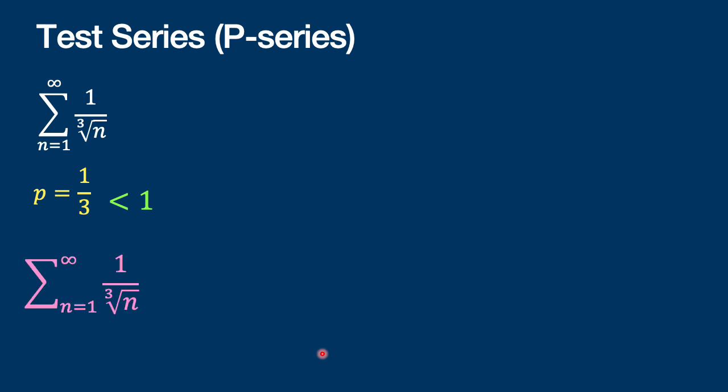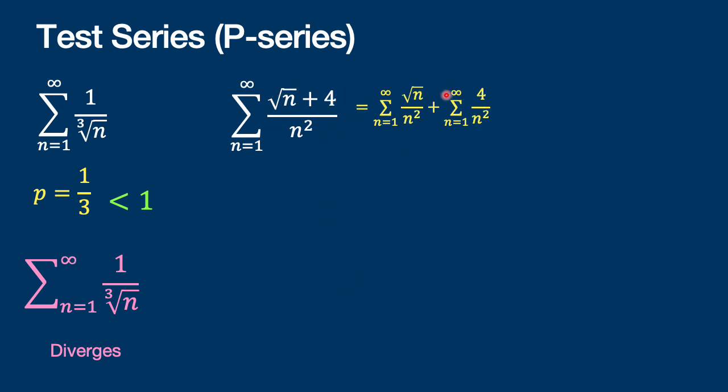Let's have more examples for the P series. Summation 1 over cube root of n. What is the p value, guys? The p value is 1 over 3. That's less than 1, so that series diverges. The next one looks complicated. Let's simplify this term, guys. I separate it: square root of n over n squared, plus 4 over n squared. This term, 4 over n squared, converges because the p value is greater than 1.